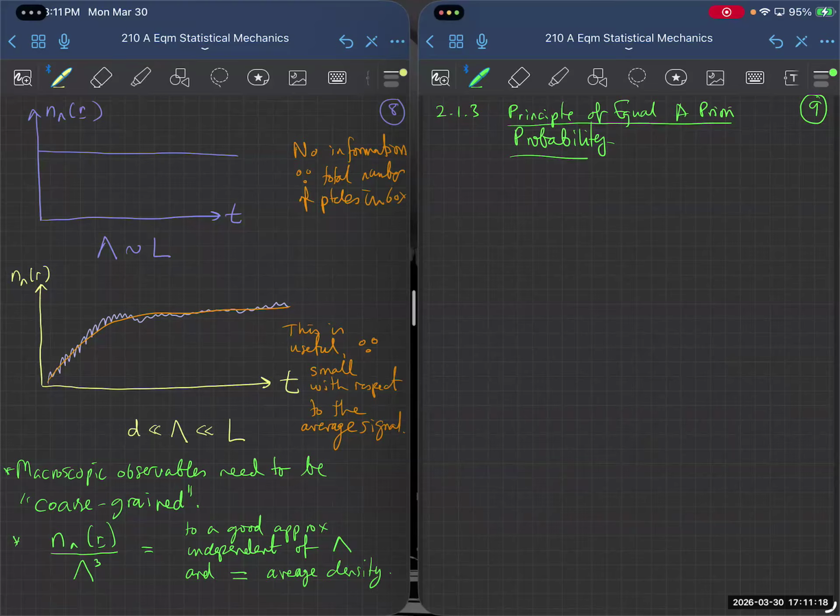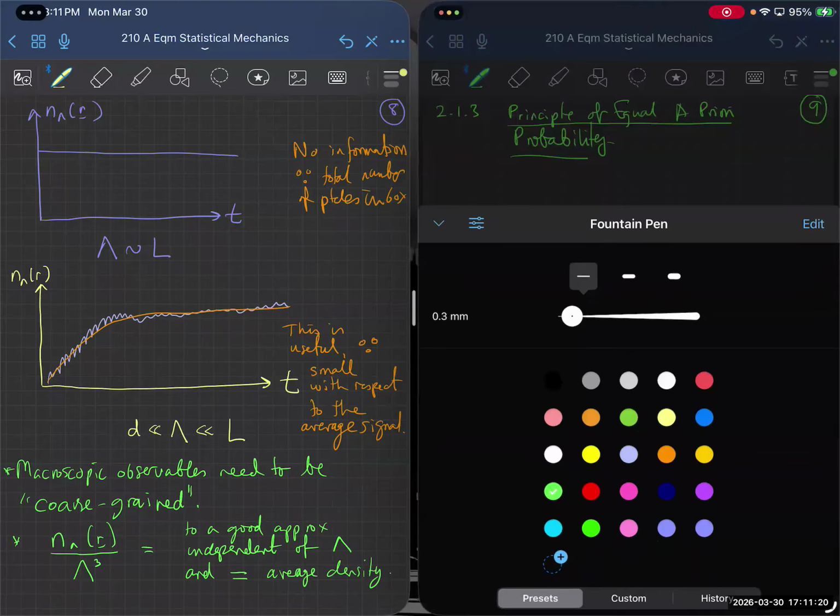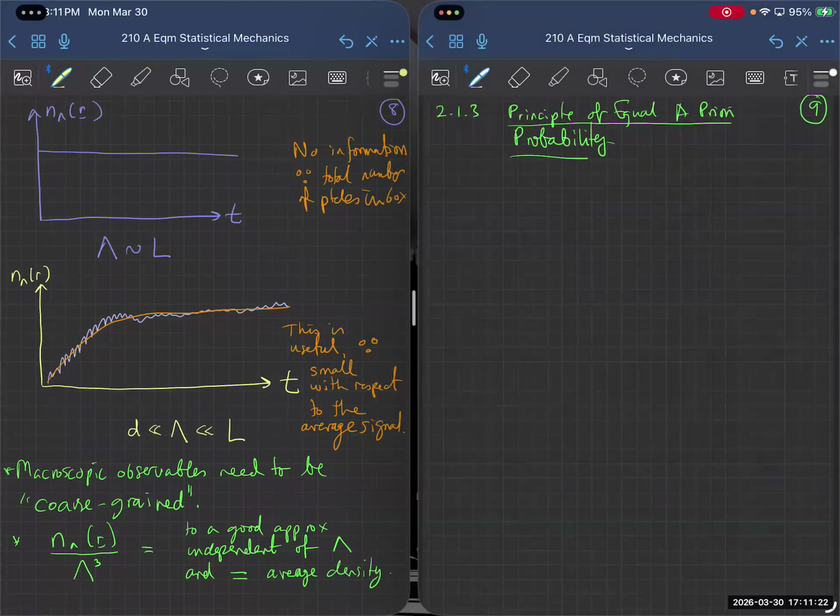Okay, so the summary so far is then that equilibrium, which I usually write as EQN, is a lot easier than time-dependent problems.